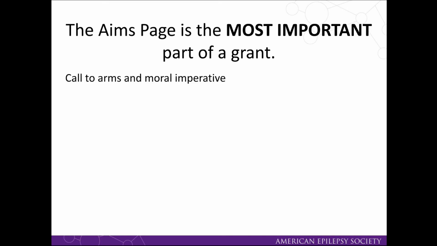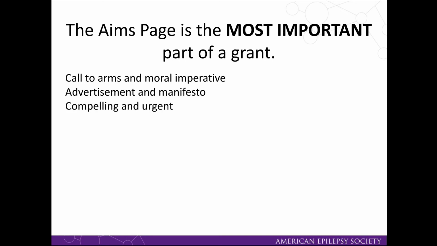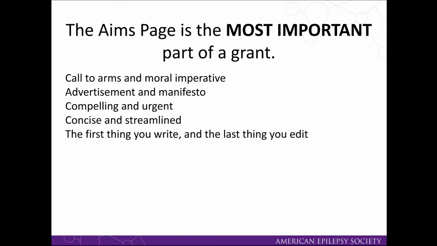Think about this as a call to arms. You're saying that your research is a moral imperative. You're advertising yourself and the work. It is a manifesto for how you think, for why you think the science is important. You have to show how your research question is compelling and urgent. The text itself has to be concise and streamlined.